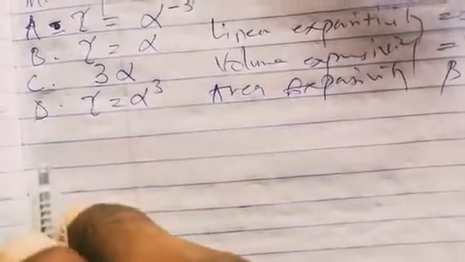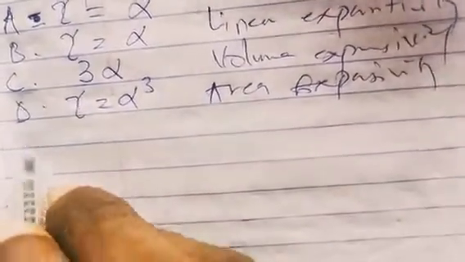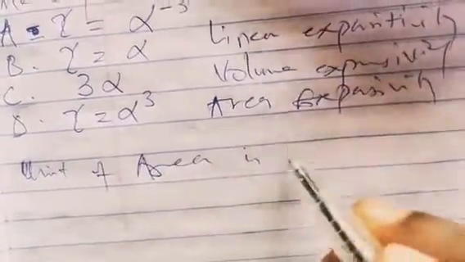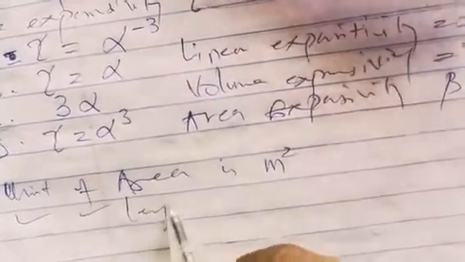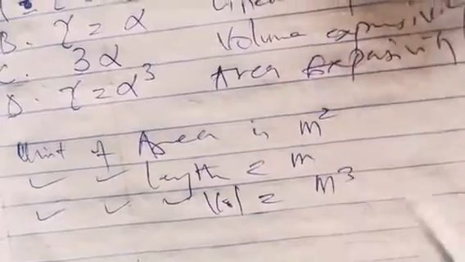The unit of area is meter square. The unit of length is simply meter, while the unit of volume is simply meter cube.